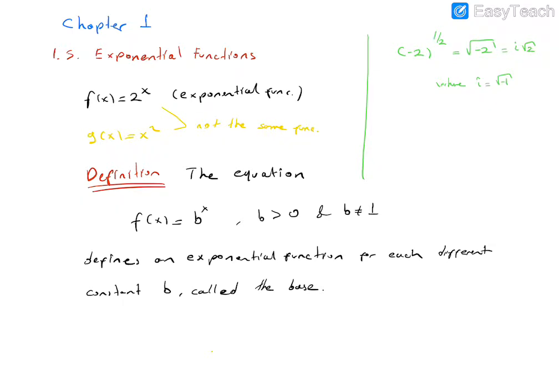So we exclude b equals 1 here as a base, since if b equals 1, f of x will be a constant function.